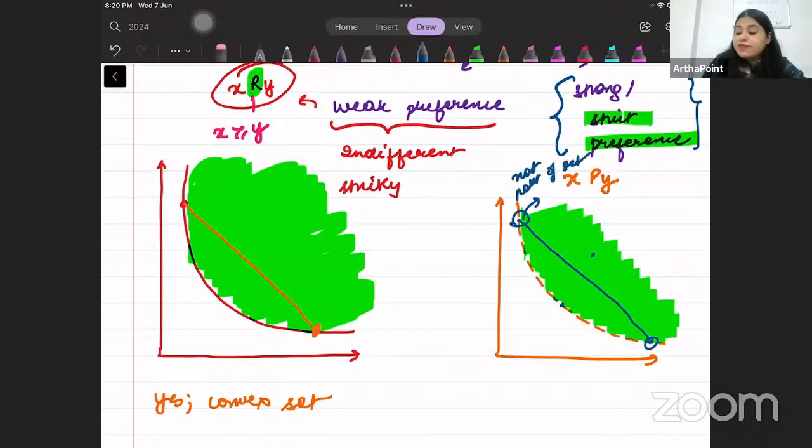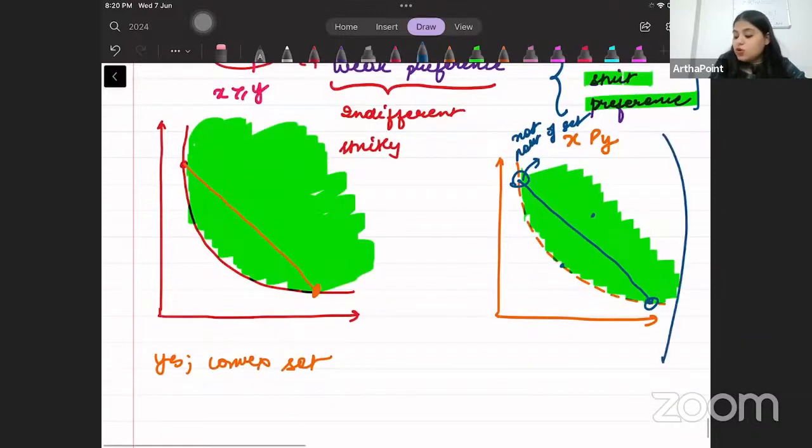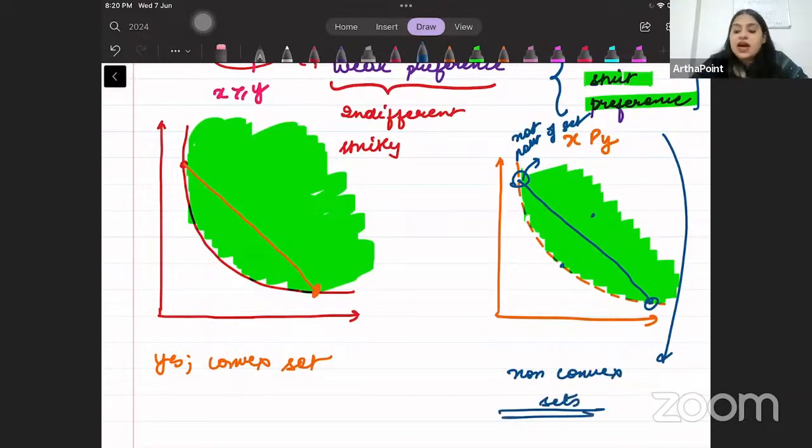So strict preferences are assumed to be non-convex sets. Only weak preferences are assumed to be convex set because I need a point for comparison.